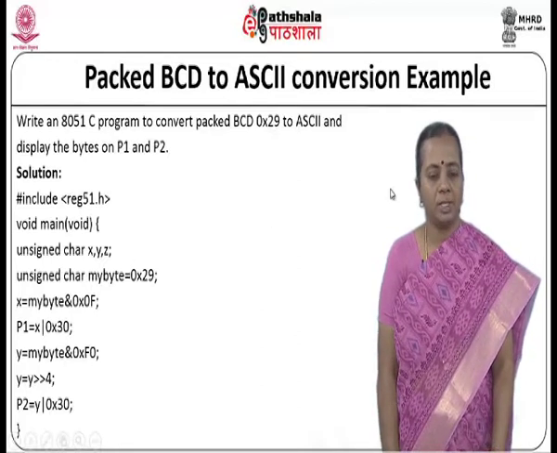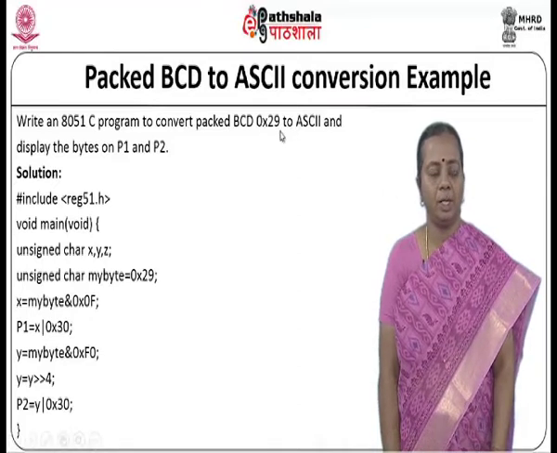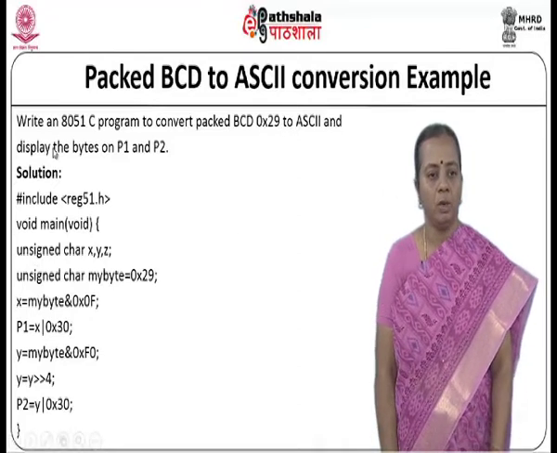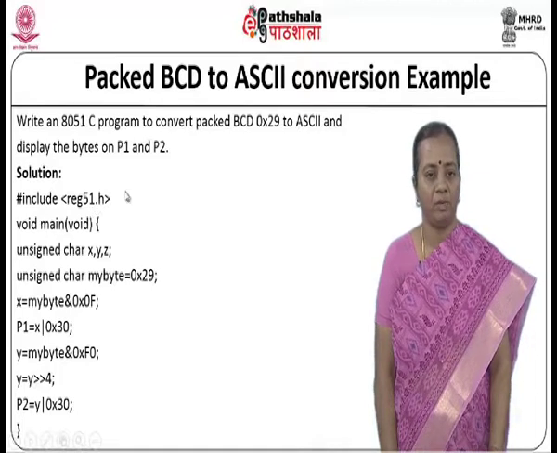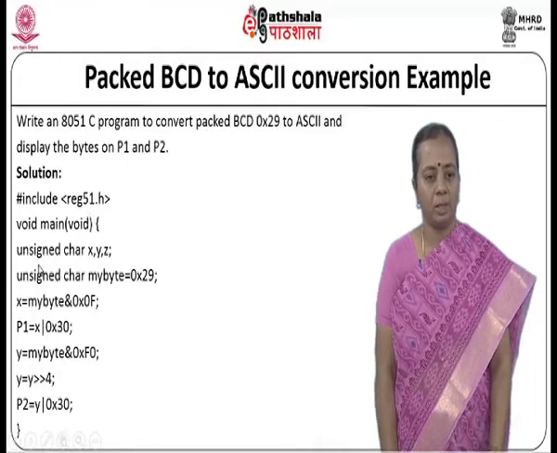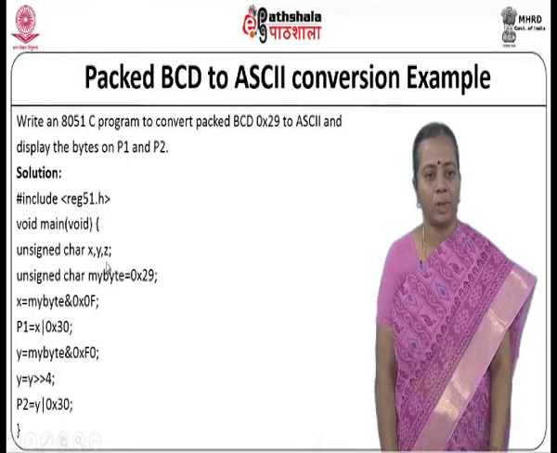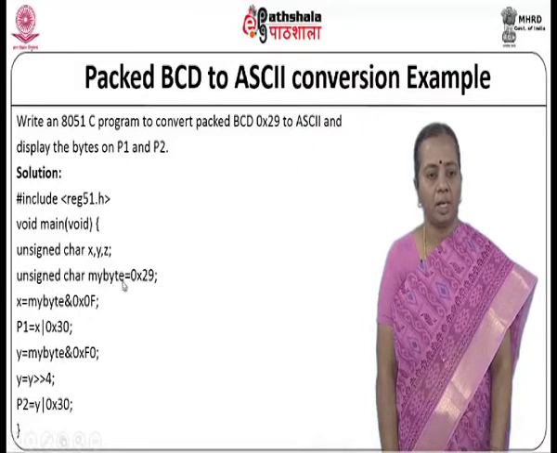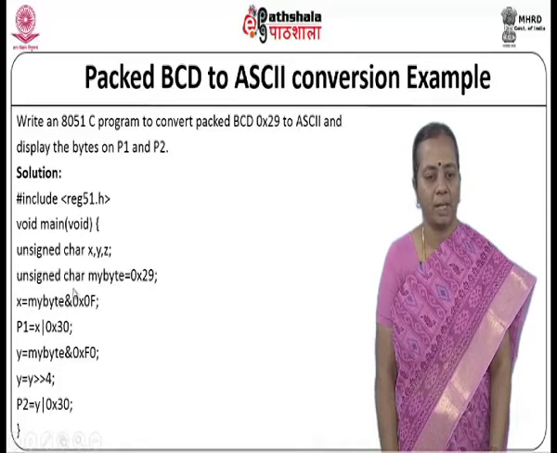These two are packed together, so that we will be getting 29 as a whole number. Now, we will be including reg51.h to make it 8051 controller code. Then void main, where unsigned character x, y, z is taken, unsigned character mybyte = 0x29. Now, 29 is the input which has been given to mybyte, which is a character type.